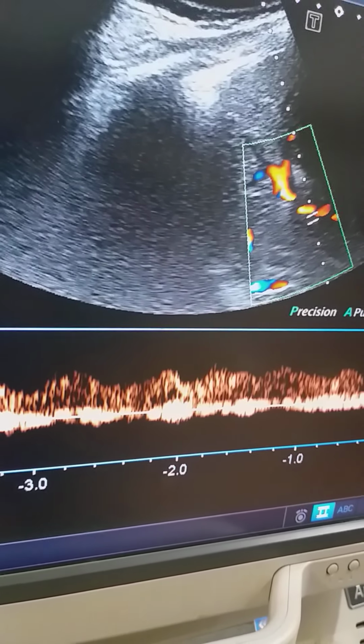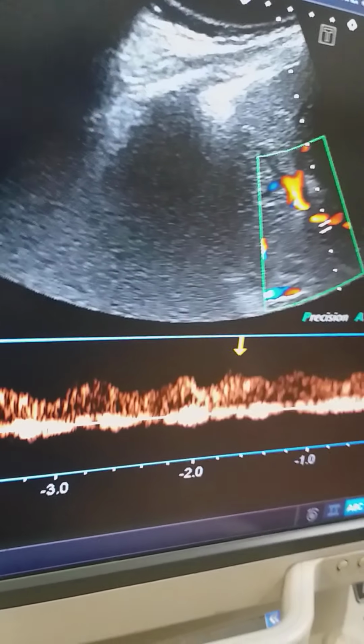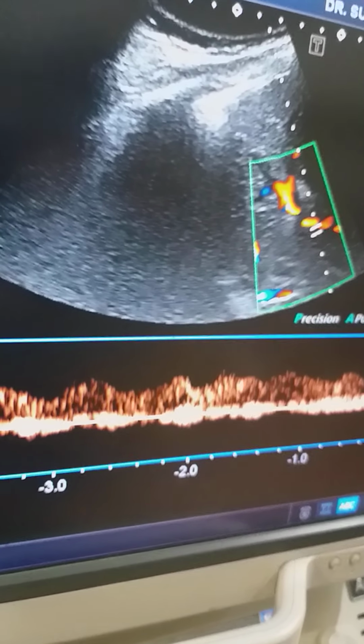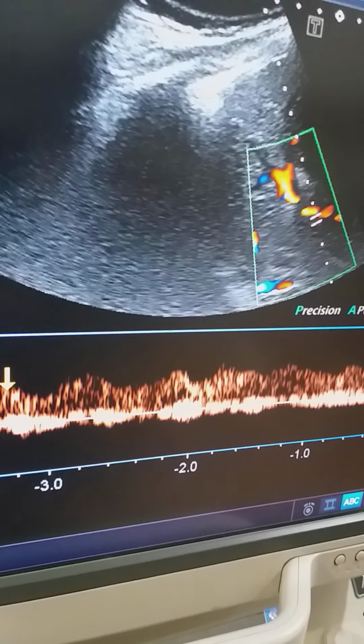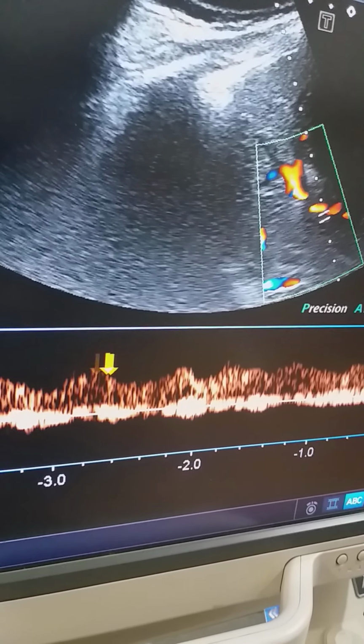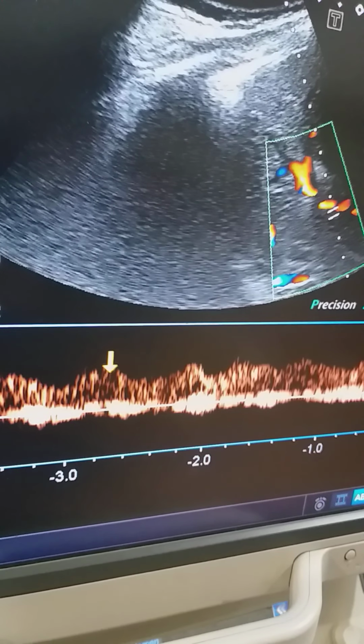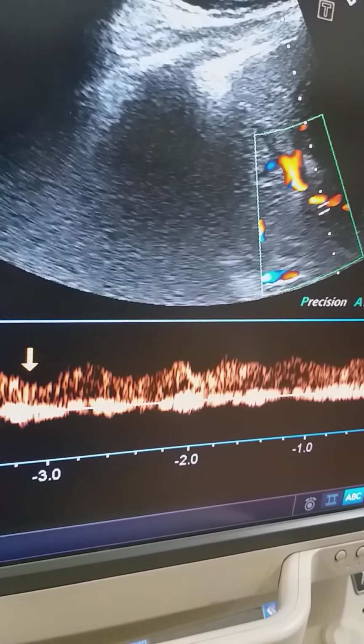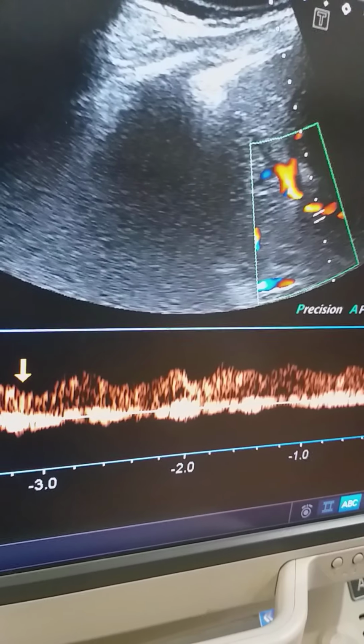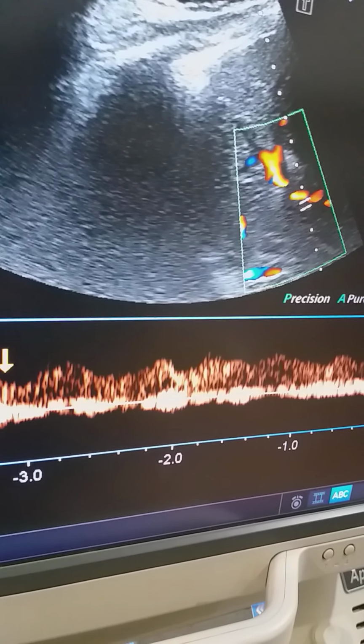So this is the spectrum waveform of the portal vein, which has upstroke, then downstroke, and then upstroke. This means that the variation of the spectrum waveform is still present during the respiration phase.